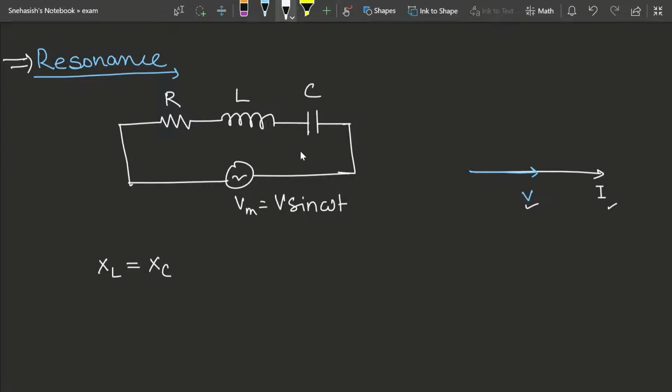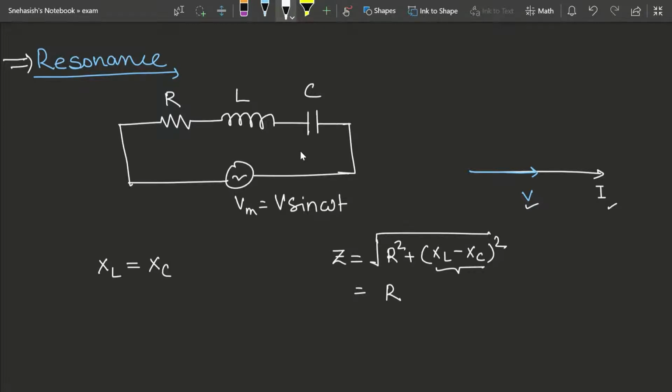Why? As we know, the impedance Z equals the square root of R square plus (XL minus XC) whole square. So this becomes R in resonance. Why? Because XL equals XC.